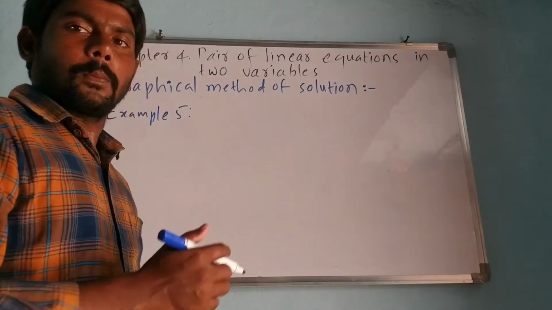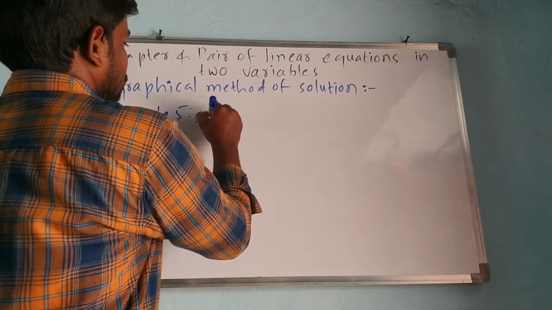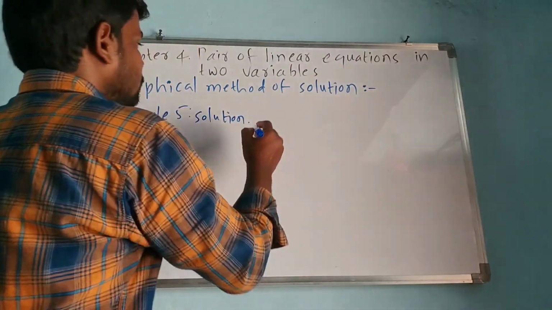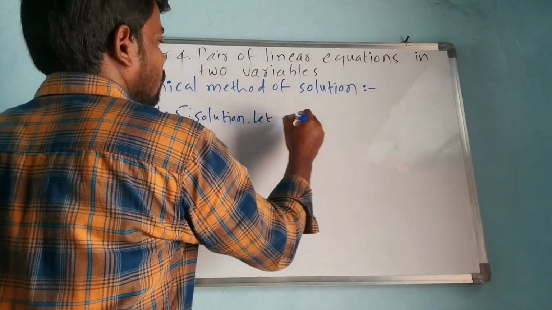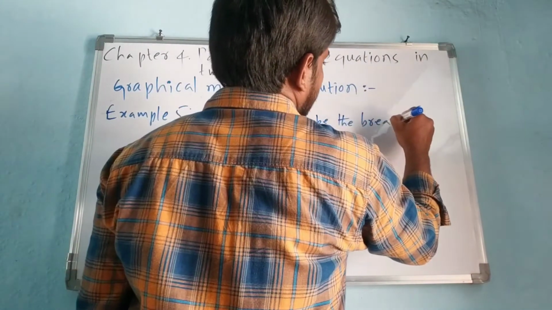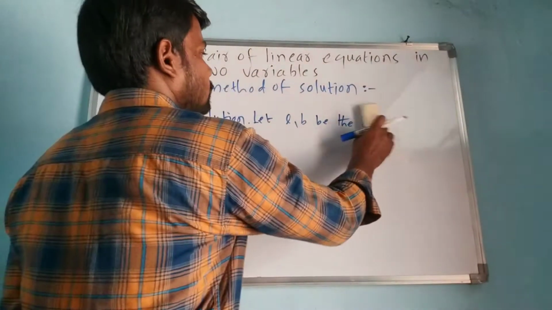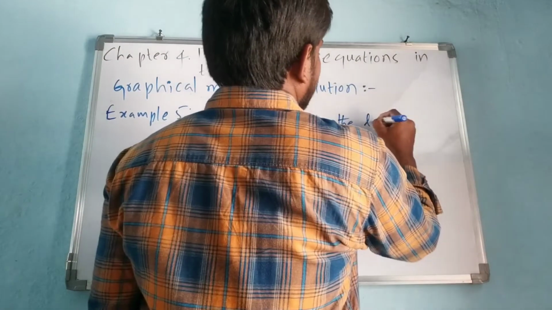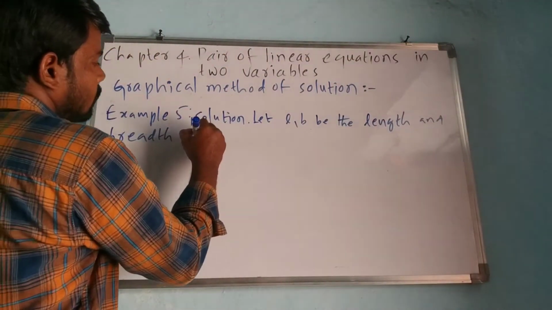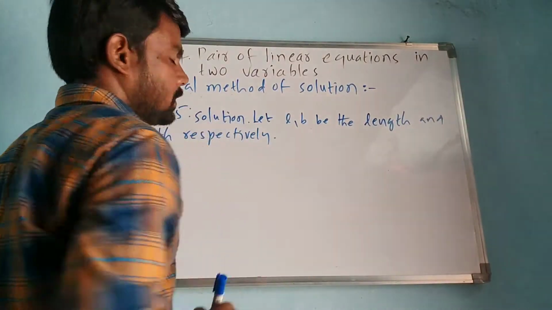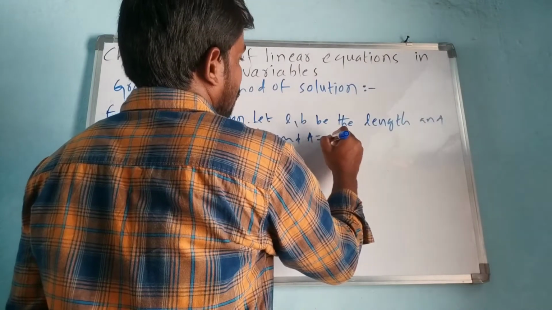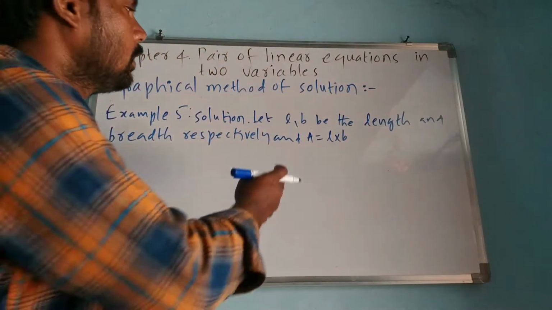Solution. Here we have to assume that L, B be the length and breadth respectively, and L into B is the area.